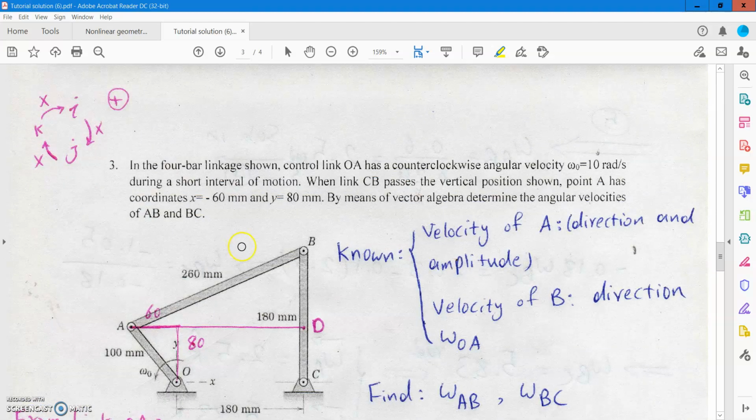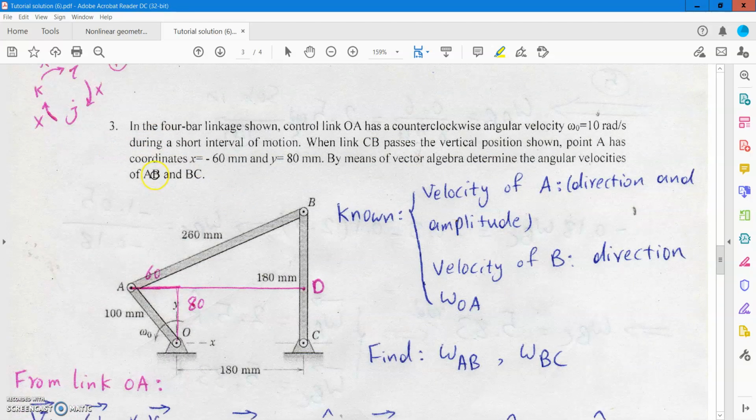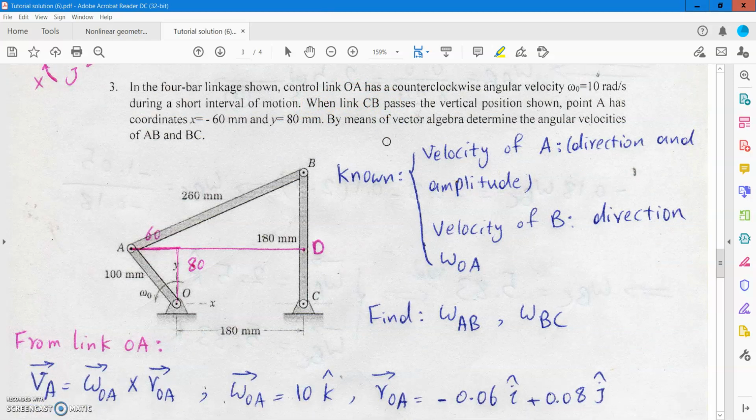And the last one, which is the third problem. Here we have a 4-bar linkage which is controlled with link OA, which has a counterclockwise angular velocity omega 0 of 10 radian per second, during a short interval of motion.